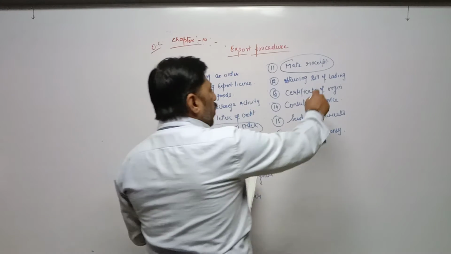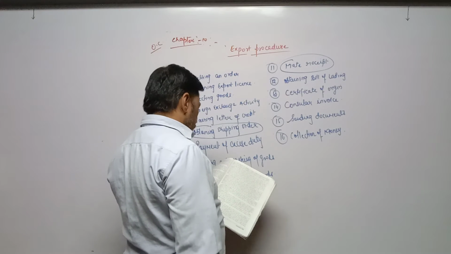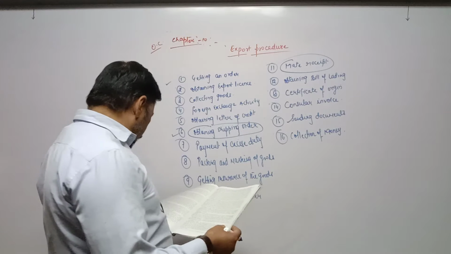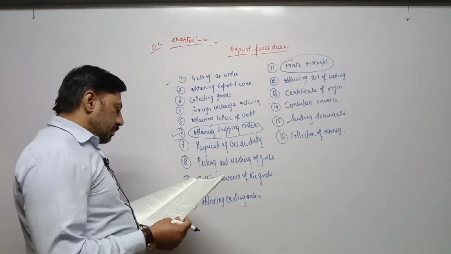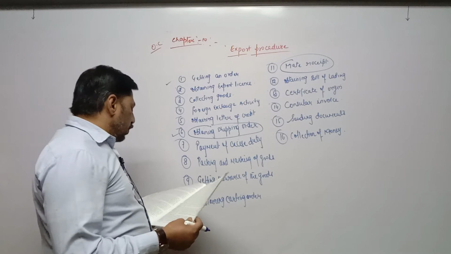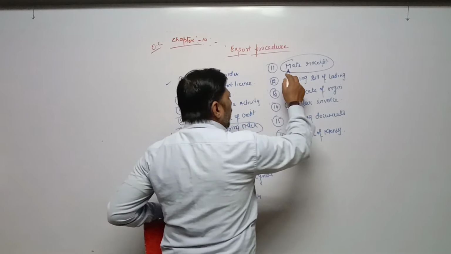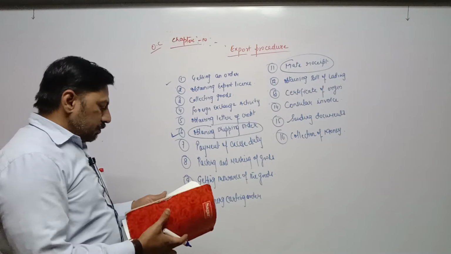Then bill of lading we have already done in the previous topic, import procedure. Only 2 points you have to do separately, obtaining shipping order and mate receipt. But first of all, in short, I am explaining all points.